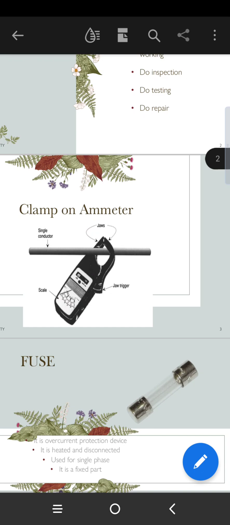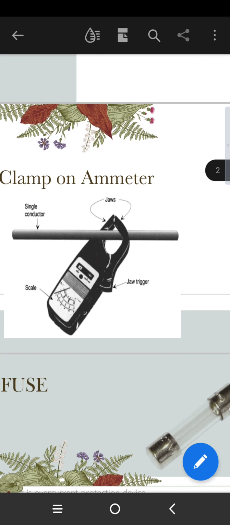Similarly, if a question comes, what is a clamp on meter, you can just draw the picture. Or if you get a multiple choice question, you can be asked to write clamp on meter means ammeter, or it's a wireless ammeter. So you can also be questioned on measurement of voltage, measurement of power, in that way.